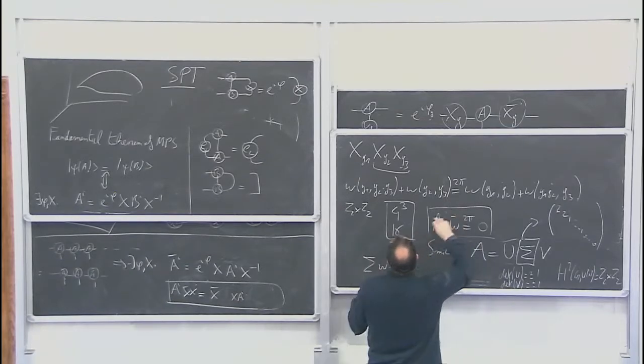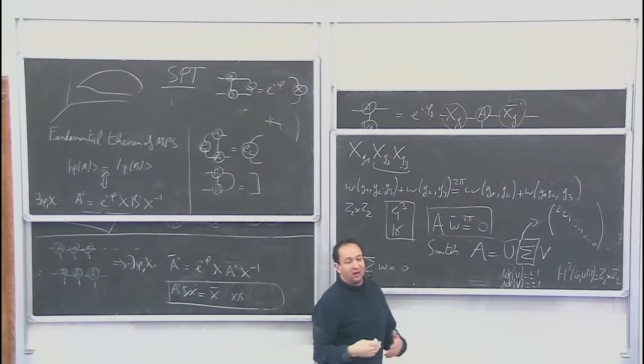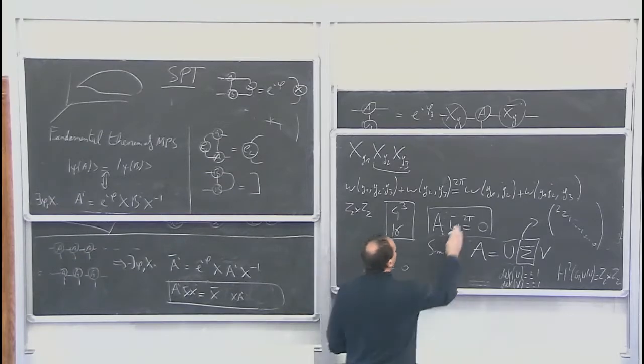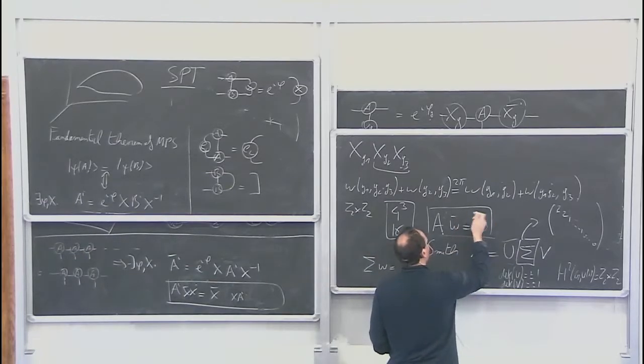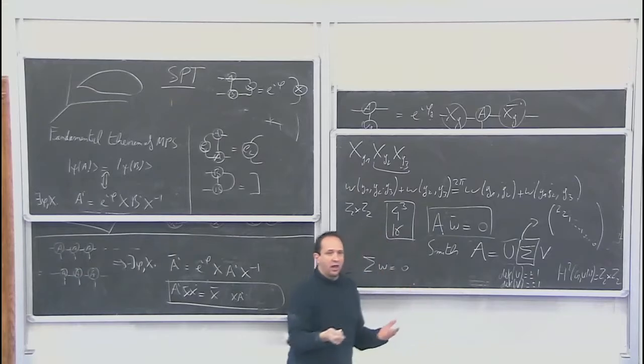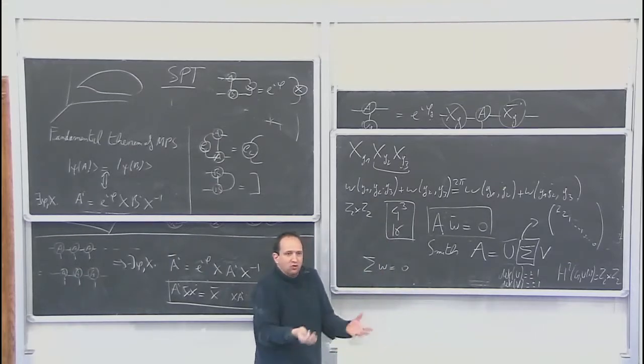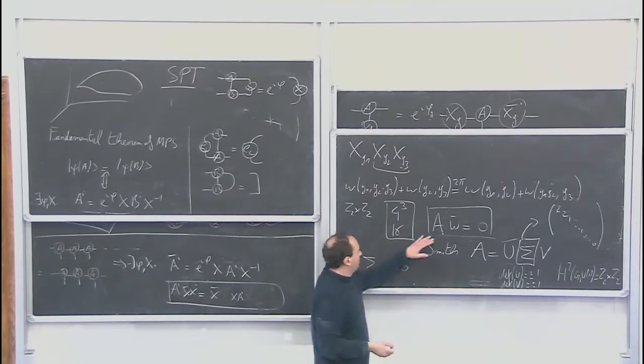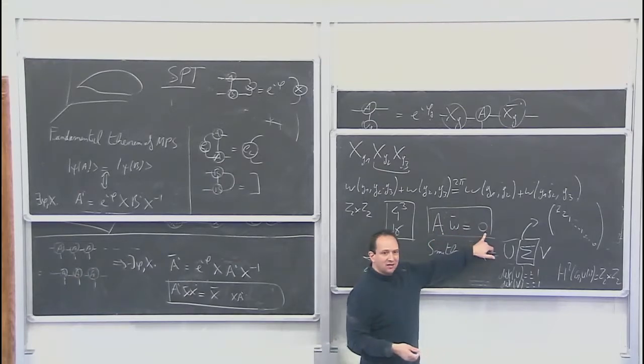Of course, if I redefine omega by multiplying it by 2 pi, this is actually up to the integers now. I want to work with integers, I don't want to work with pi's. So I basically want A times omega to be an integer.